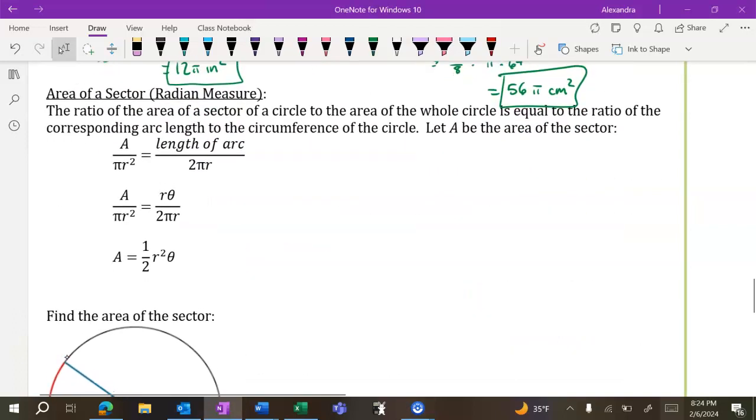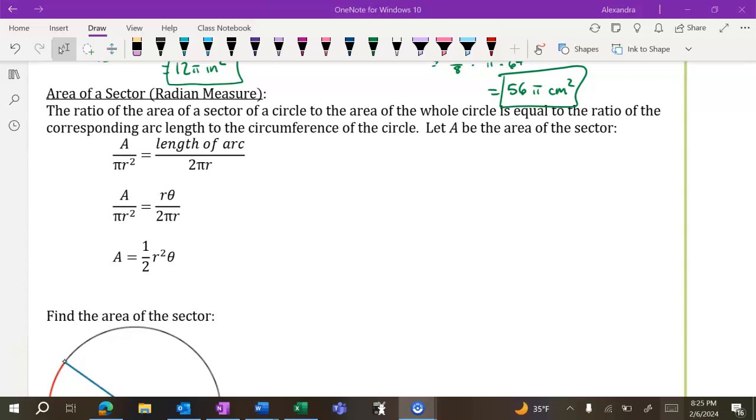So last thing we will look at is we can also look at area of a sector in radians, using that radian measure. So what this math here is telling you is basically that the ratio of the area of a sector of the circle to the area of the whole circle is the same thing as the ratio of the arc length to that circumference.